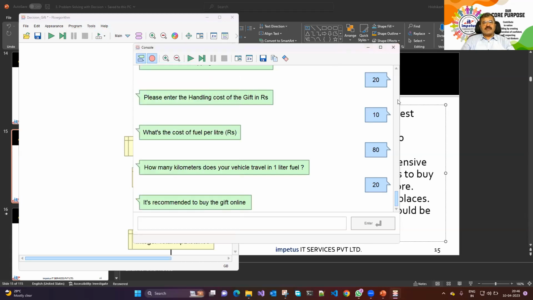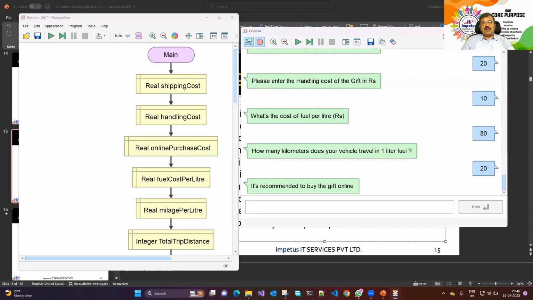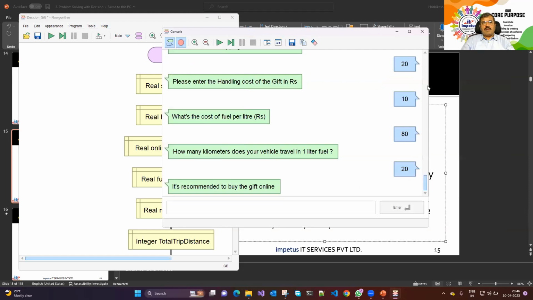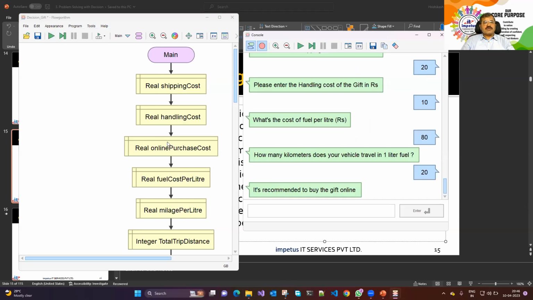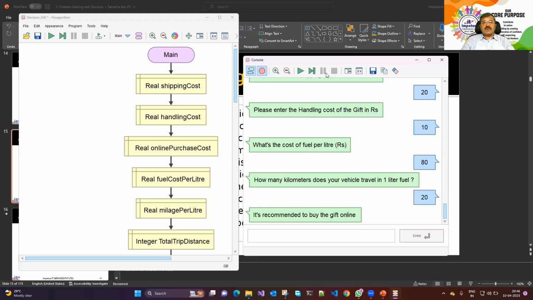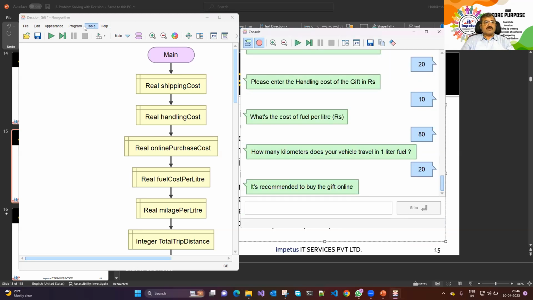Here is the input and output that we are going to do. Let's run the code so you can see how it proceeds further. In addition, you could also see the variables. If you wanted the details about the variables, that is also possible. Complete debugging is also possible now.